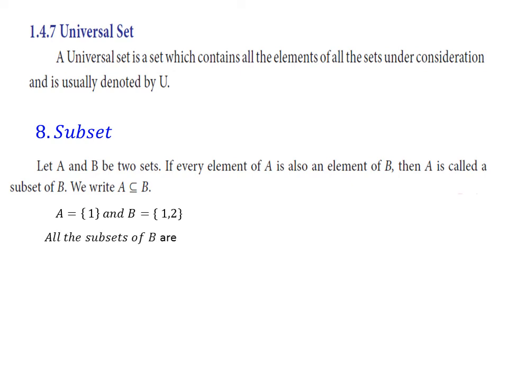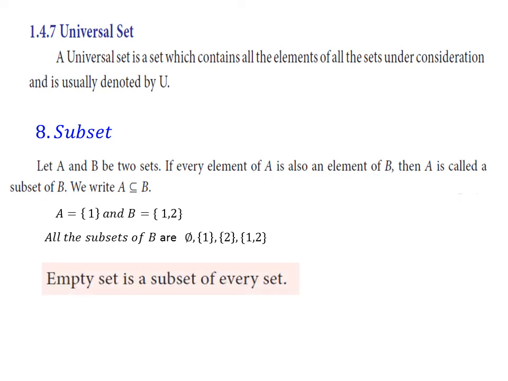All the subsets of B are null set, 1, 2, 1 2. Empty set is a subset of every set. This is one condition. Whenever you are writing subsets of any set, first you must write empty set.